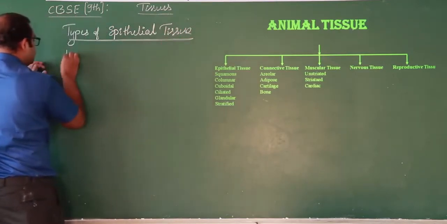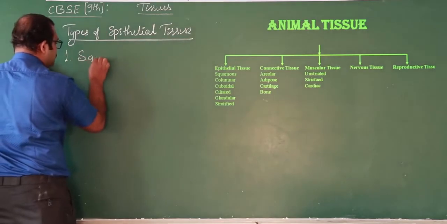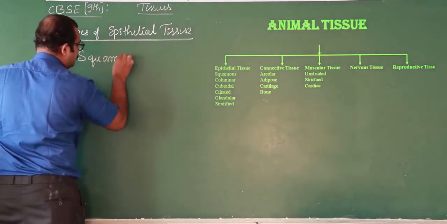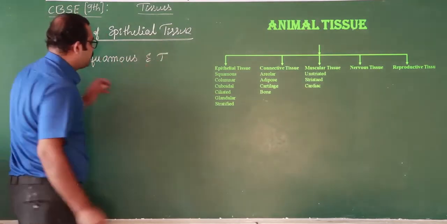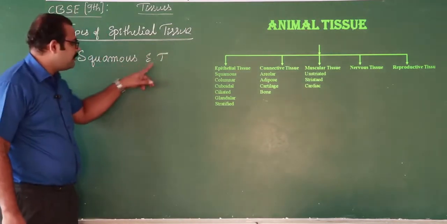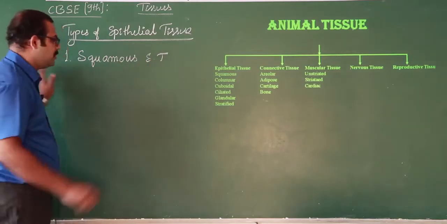This includes squamous epithelial tissue. I am going to write the short form of epithelial tissue as ET.